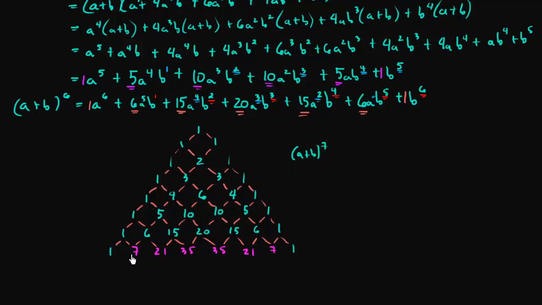Do we get coefficients from the next row of this triangle? That is, the coefficient of the first term 1, the coefficient of the second term 7, 21, 35, 35, 21, 7, and so forth. So try that out as an exercise and see if we expand a plus b to the power of 7, does it give us the next row of this triangle?